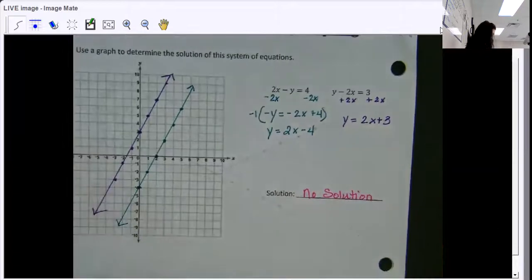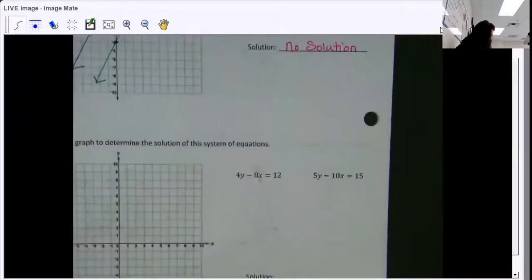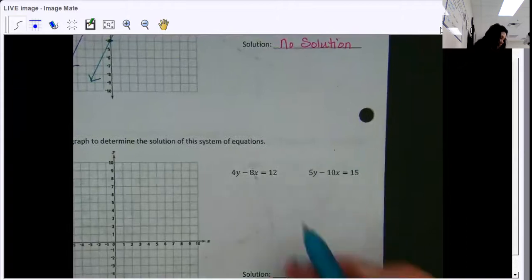All right. Okay, let's go to the last one. Go ahead and put both of these into slope-intercept form.